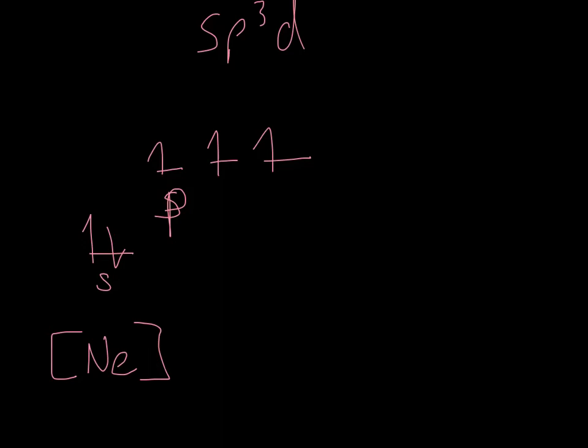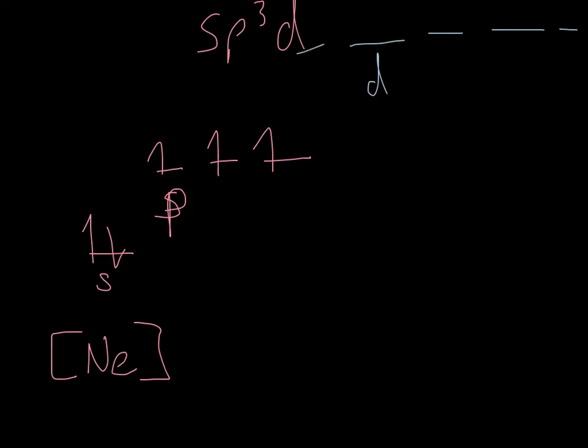Now what phosphorus can do is actually make 5 single bonds. Well, you're probably wondering, how is this possible? If you remember from other videos, there is a d orbital up in the distance that has 5 spaces on it.